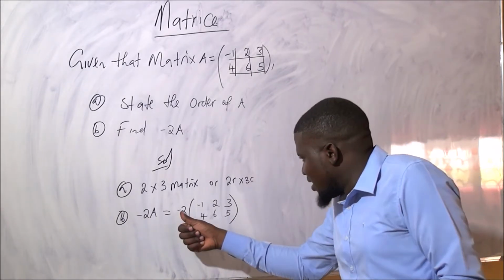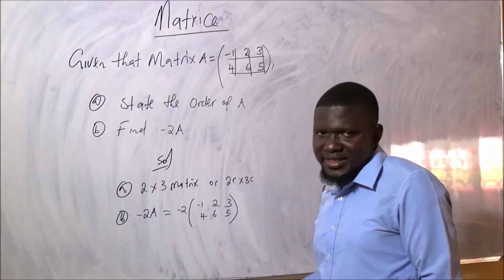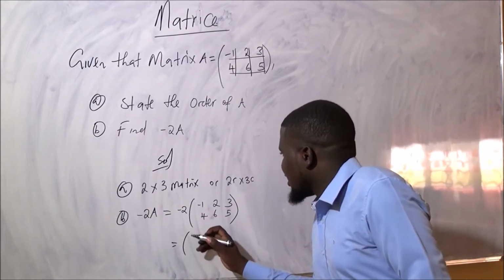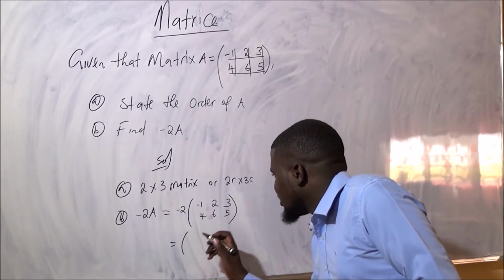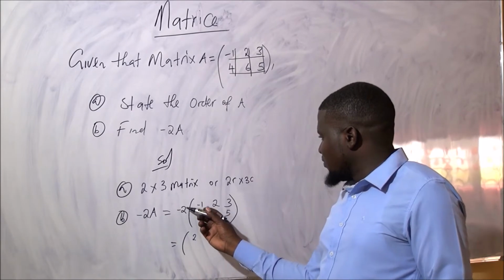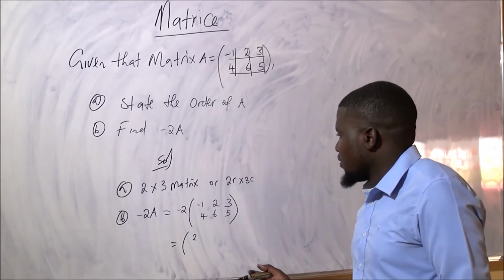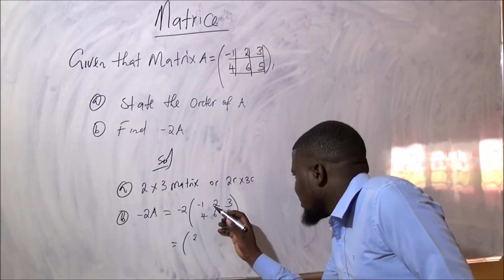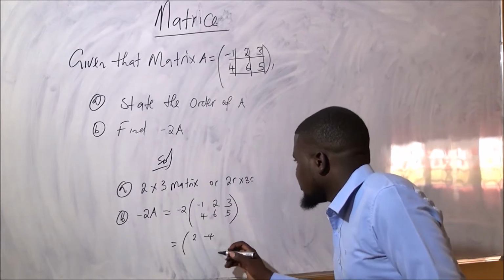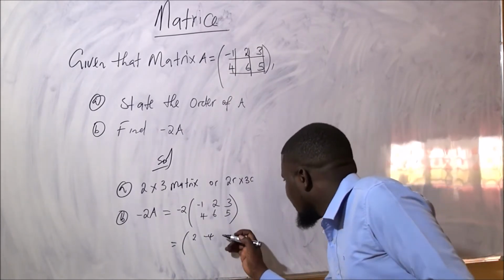This number must multiply all the individual elements in this particular matrix. Negative 2 multiplied by negative 1, the result will be positive 2, because negative by negative is a positive result. Then negative 2 multiplied by 2 is negative 4. Negative 2 multiplied by positive 3 is negative 6.